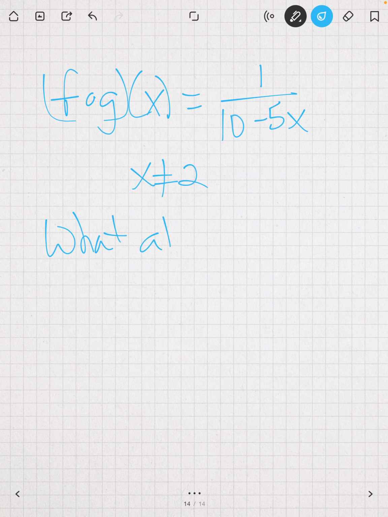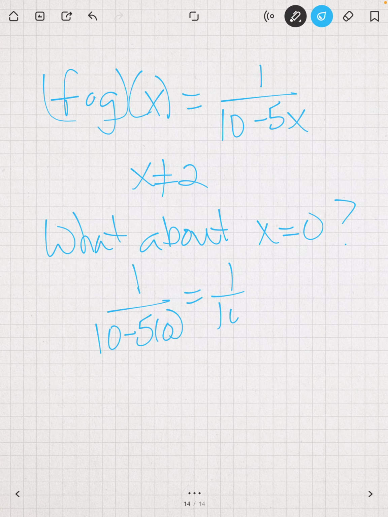What about x equals 0? Because here we have 1 over 10 minus 5 times 0. It's 1/10. It certainly looks defined. What do you think? Pause and think for yourself. It looks to be defined.